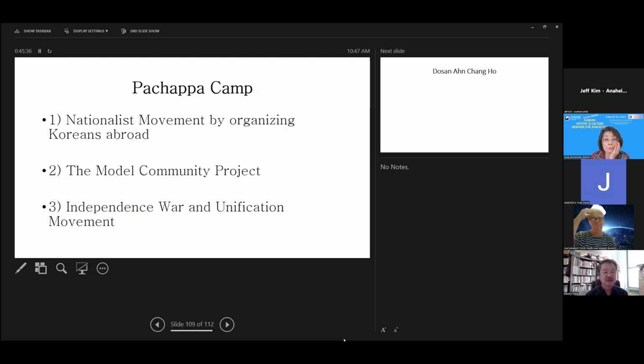And Pachappa camp, again, was the base camp for the nationalist movement by organizing Koreans abroad. Ahn Chang-ho was experimenting with his concept of a model community project, and it also served as a focal point and base camp for the independence war and unification movement.